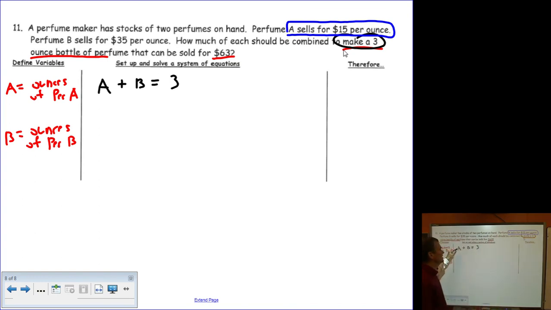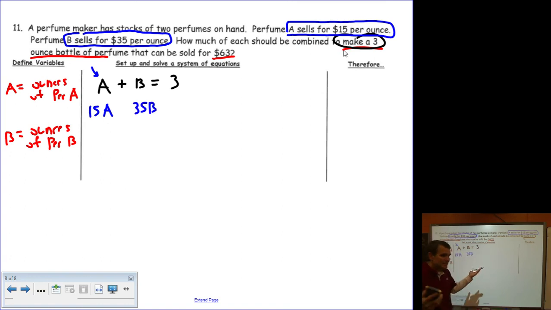So if I'm using A ounces of it, then 15 times A would be the cost of A ounces. Perfume B sells for $35 per ounce. So if I'm using B ounces of it, then 35 times B would be the cost of B ounces.